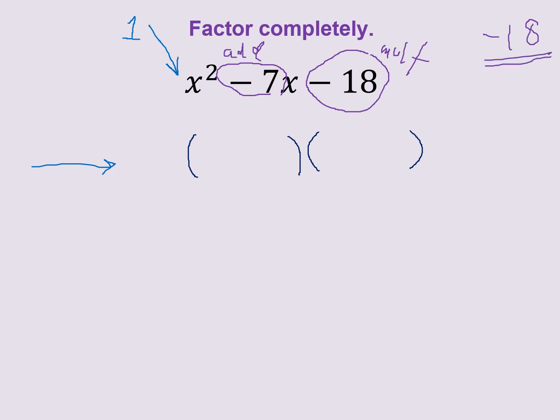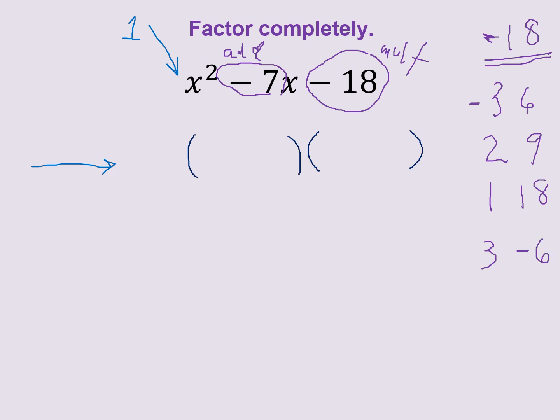So I'm thinking of, what multiplies to negative 18? 3 times 6, 2 times 9, 1 times 18, except it's negative 18. So that means one of these has to be negative. So maybe negative 3 and 6, but it could also be 3 and negative 6. Either one of those could multiply to negative 18.